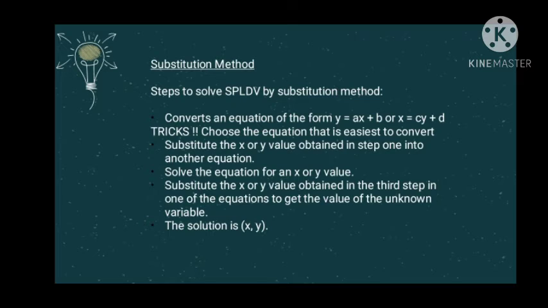Step 2: substitute the x or y value obtained in step 1 into the other equation. Step 3: solve the equation for an x or y value. Step 4: substitute the x or y value obtained in step 3 into one of the equations to get the value of the unknown variable. Step 5: the solution is (x, y).